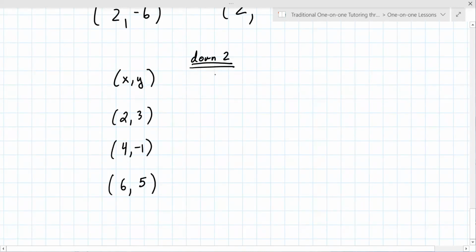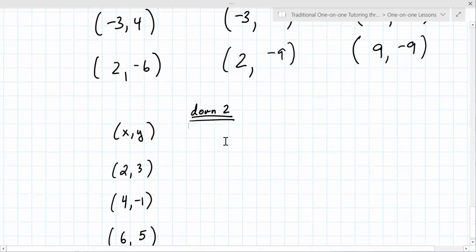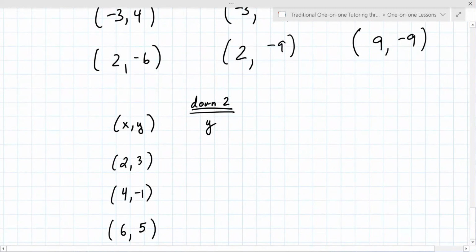So does that affect X or Y when you're going down? It affects the X. Let's go back up and look. So up and down only affects Y. So this affects Y only.